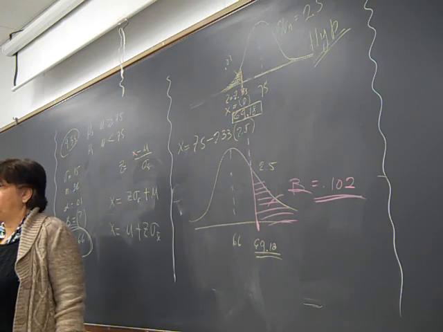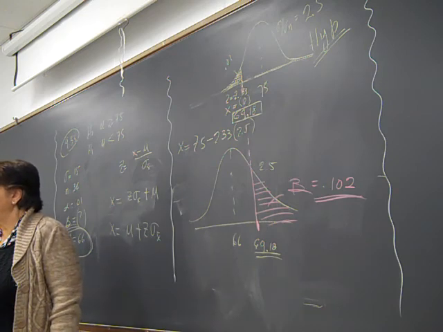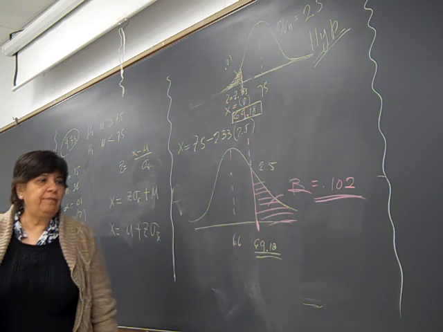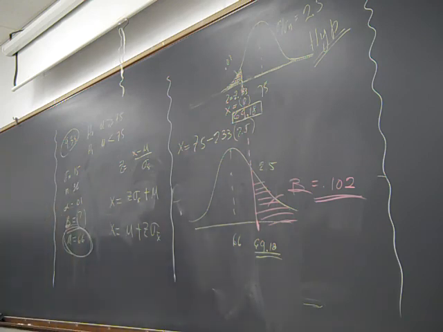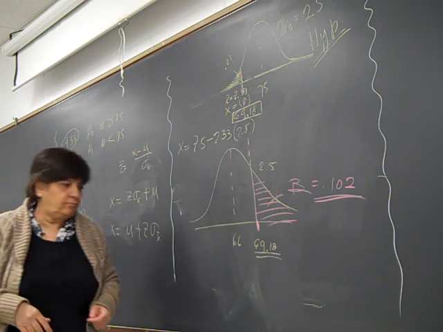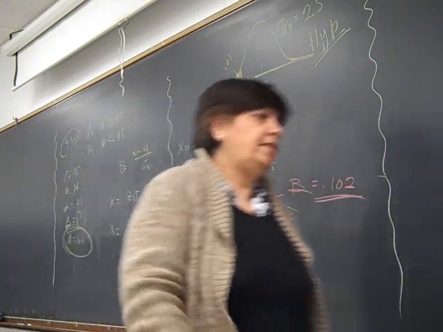Do not reject when it's false. Okay? The problem in your homework is very similar, but it's an upper tail test, but it's exactly the same. So it won't be that hard to do.